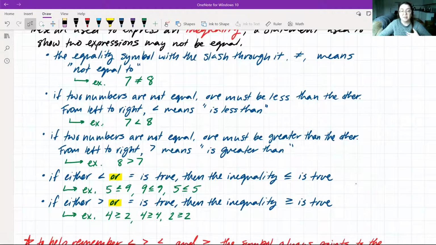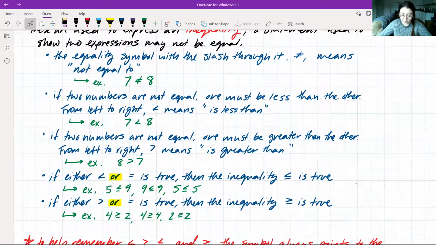For example, 5 is less than or equal to 9. 5 is obviously less than 9, and since less than is true, we can always say that 5 is less than or equal to 9, because you only need one to satisfy that inequality. 9 is also less than or equal to 9, because they're equal. And 5 is also less than or equal to 5, since 5 is equal to 5.